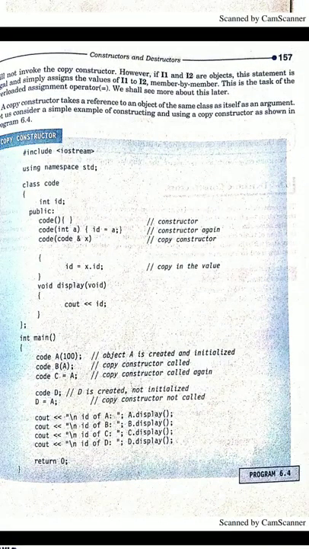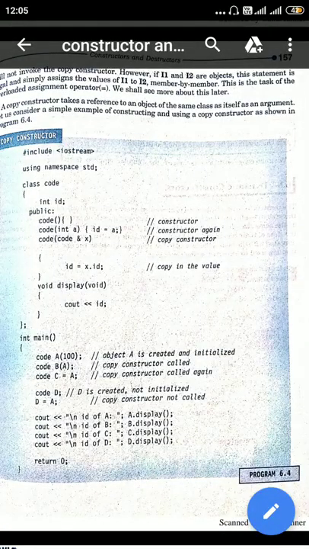In this example there is a class called code. There is one data member, that is id. How many constructors are there here? Three constructors. One is the default constructor, another one is a parameterized constructor with one argument, and the third one is one more constructor where we have passed an object.